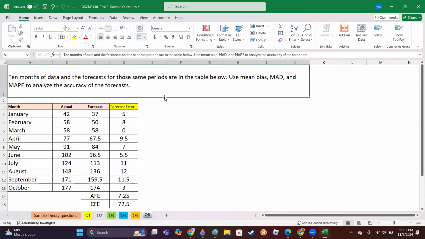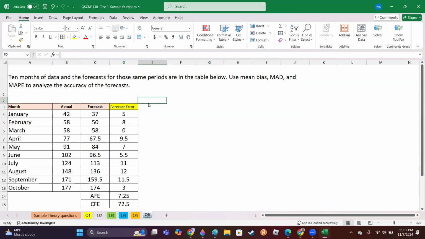The next one was calculate the mean absolute deviation. Okay, so for the mean absolute deviation, I need my absolute data. And as I look at these numbers here, I do not see any negatives. So in this specific instance, my mean absolute deviation will be the same as my average forecast error.